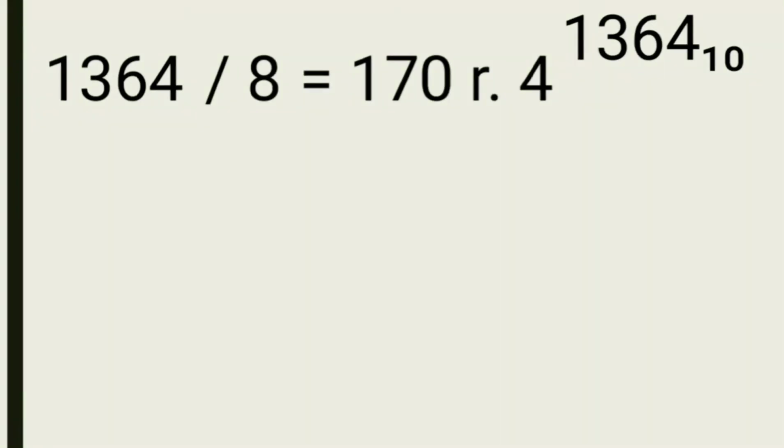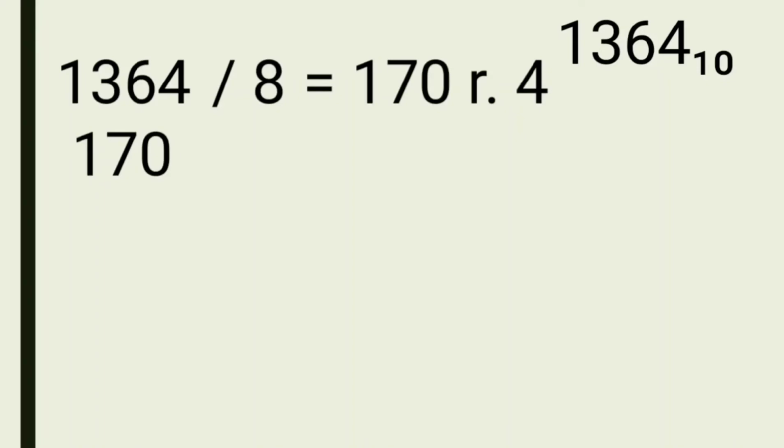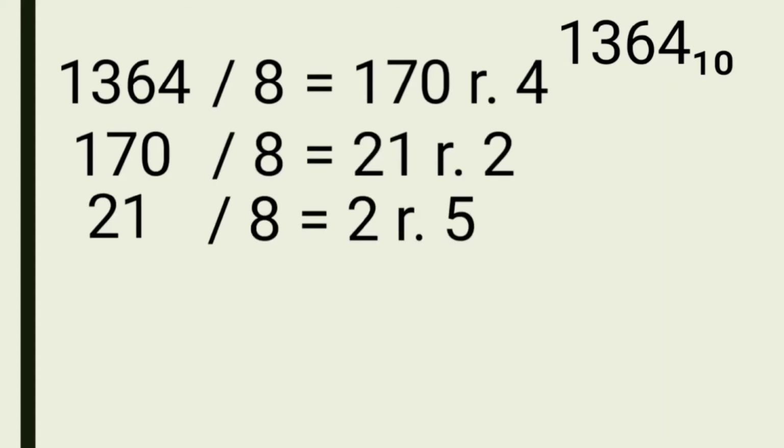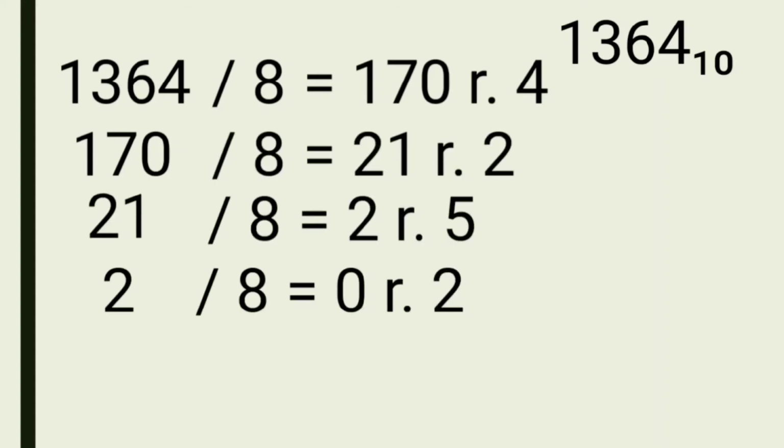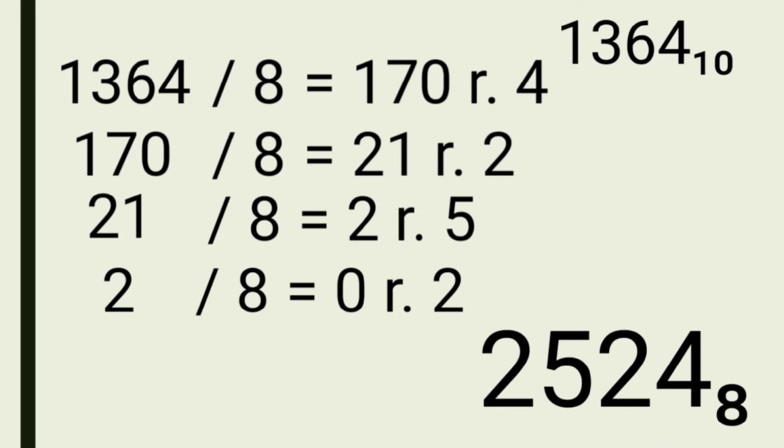In this example, 170 times 8 is 1360. Subtract 1360 from 1364 and we will get the remainder 4. Divide the quotient to the divisor again and continue doing it until the quotient reaches 0. Get the answer by writing the remainder upwards and write the base number of octal, which is 8. 1364 base 10 in decimal is 2524 base 8 on octal.